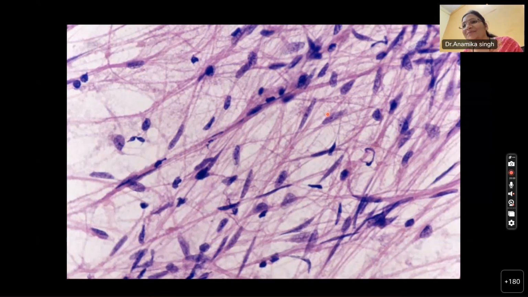Mostly they are Rosenthal fibers now. I don't think you're seeing that yet here, but here basically you can see fairly uniform nuclei but long, hair-like processes, which you correctly said are bipolar, or both poles have it.